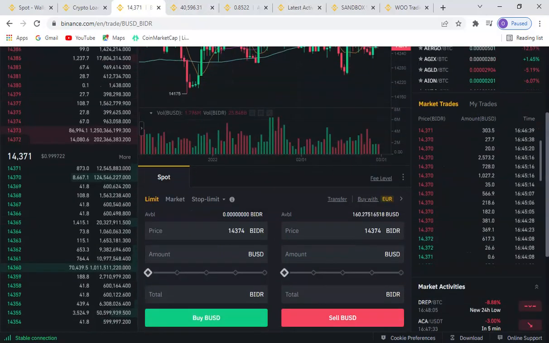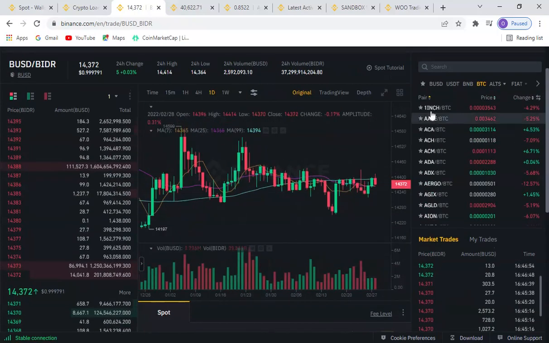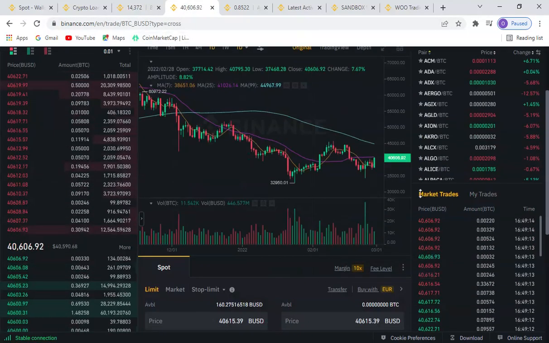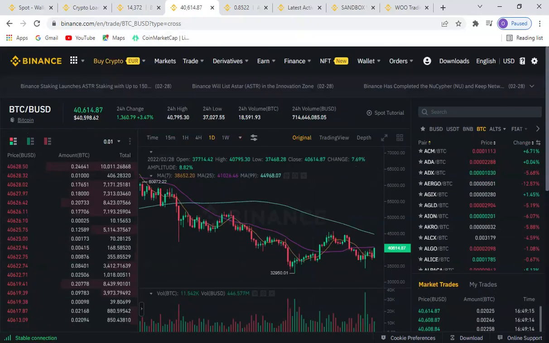For this tutorial, you can see we have some amount of BUSD and we will be needing some amount of BIDR. A user who wishes to trade BTC can also choose to buy in on the BTC or BUSD trade. You can see the price of BTC is currently bearish on the Binance trading platform.